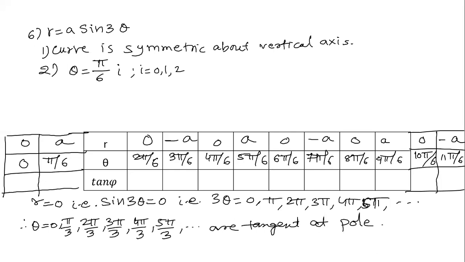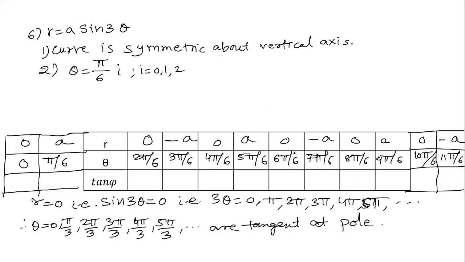This is going to be the loop. Then theta equal to 7 pi by 6, r equal to minus a, in opposite direction. So it will be like this, already existing. Theta equal to 9 pi by 6, r equal to plus a, here.